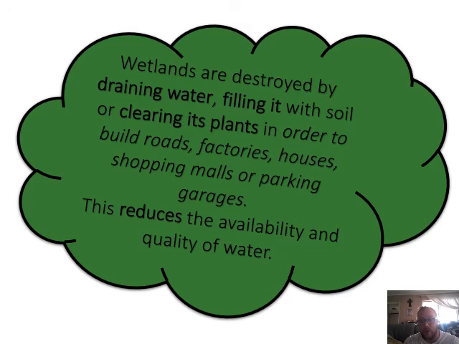And also like little houses for any developing organisms inside of them. And we do all of this in order to build roads, factories, houses, shopping malls, or parking garages. Okay, so this reduces the availability and the quality of water, because it is both a filter as well as an area where a lot of things can live.